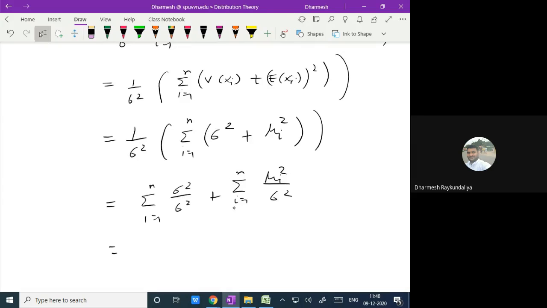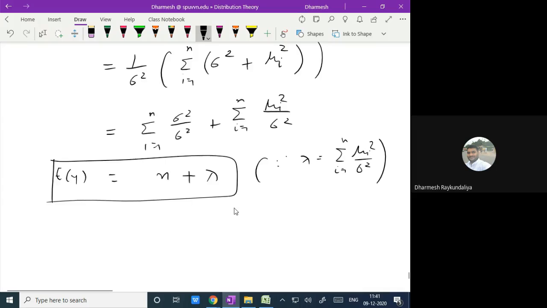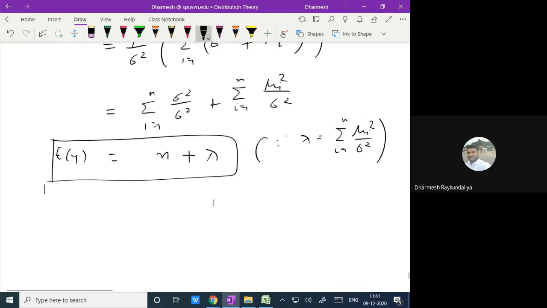So this is nothing but 1, and 1 is repeating how many times? n times. So it is n plus lambda, because lambda equals summation mu i square upon sigma square. So this is nothing but the mean of a non-central chi-square with n degrees of freedom and non-centrality parameter lambda.